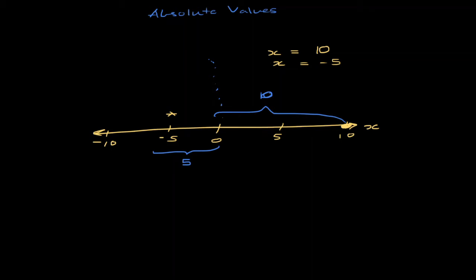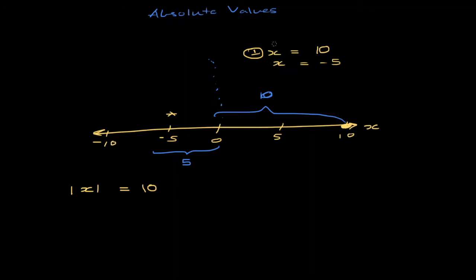So how do we write absolute value? Absolute value is written with bars all around it. These pipes represent absolute value. So the absolute value of x is equal to 10 in the case of 1. And let's use another variable here to make it a little clearer.